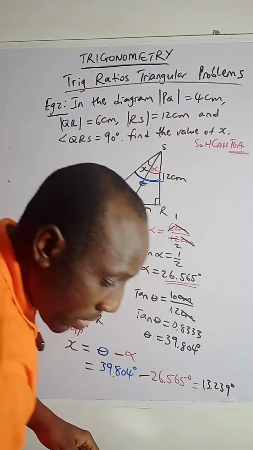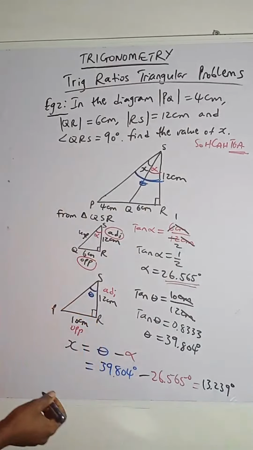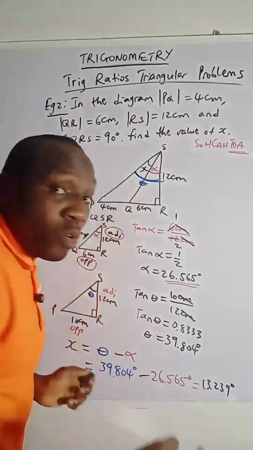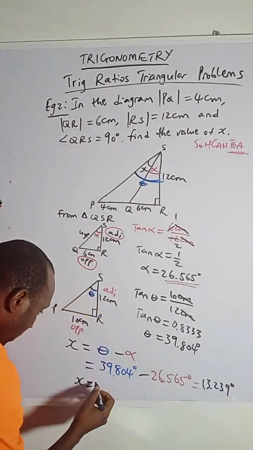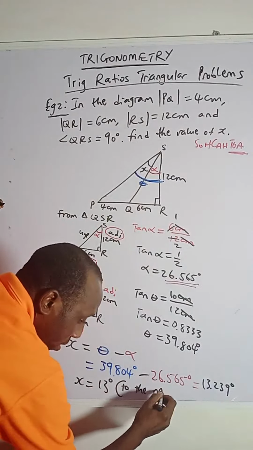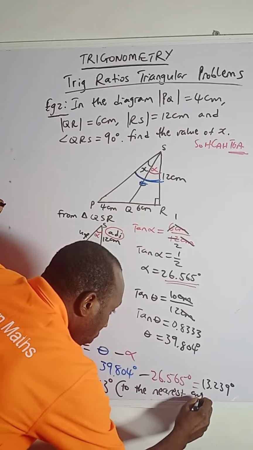Let's approximate this to the nearest angle, which means a whole number. So x will be equal to 13 degrees, to the nearest angle.